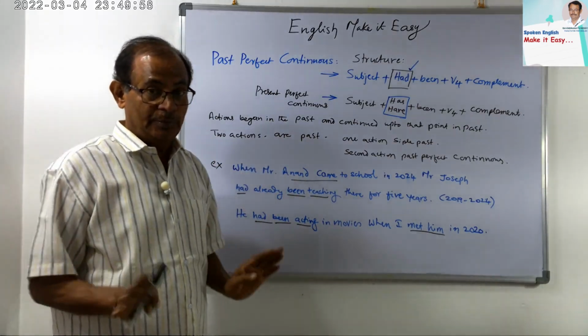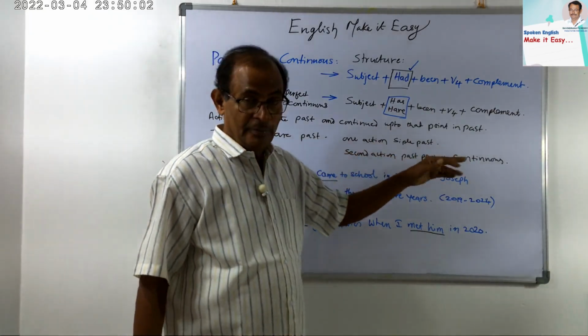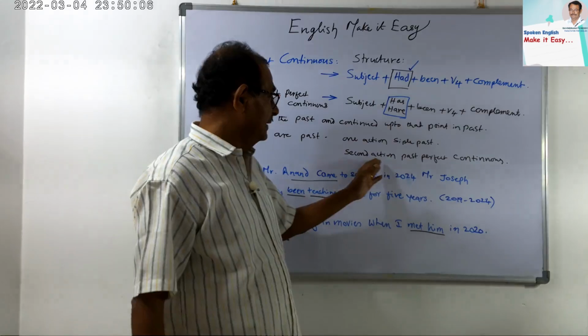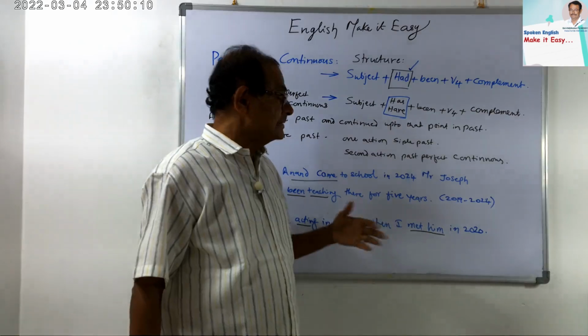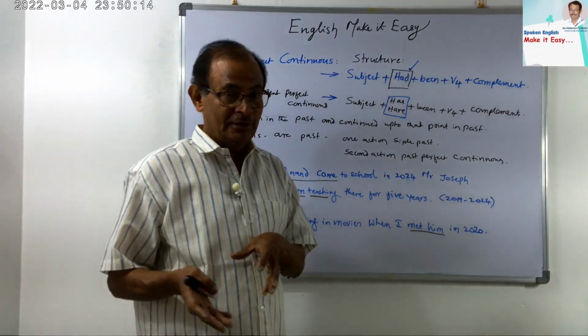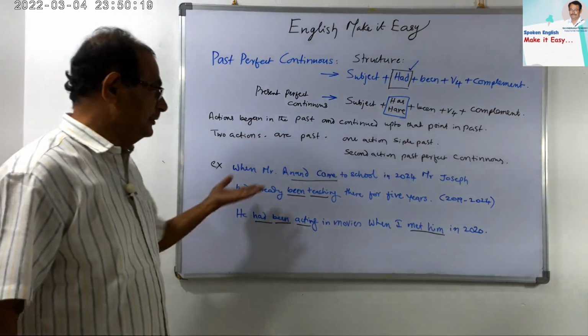There is no present action, both actions are past. One action is to be denoted in simple past, and the second action must be represented in the past perfect continuous. So, one action is past perfect continuous and the other action is simple past. You have to club these two actions together.